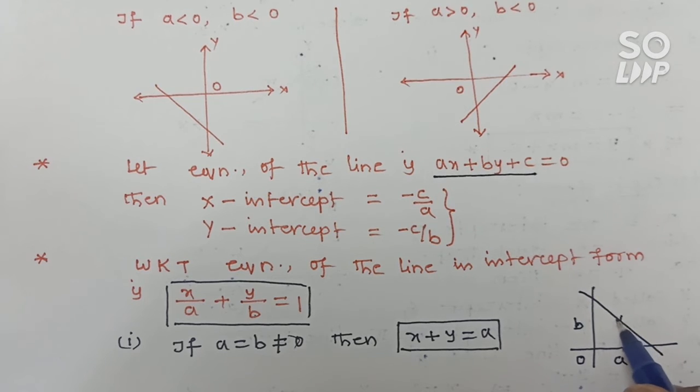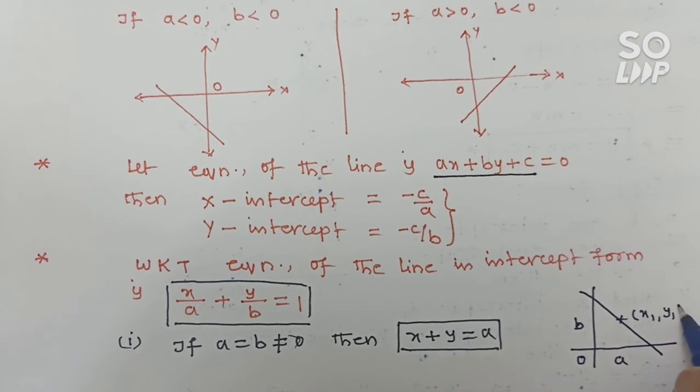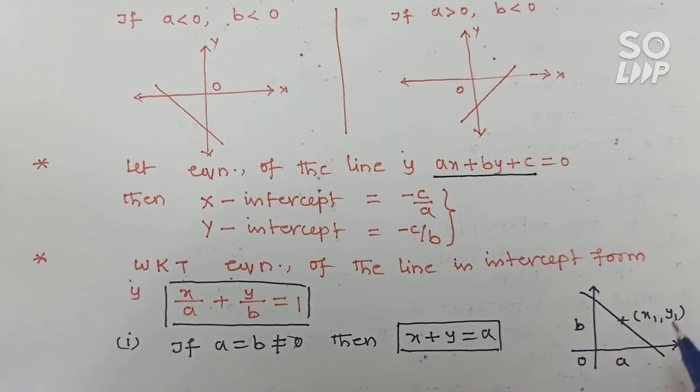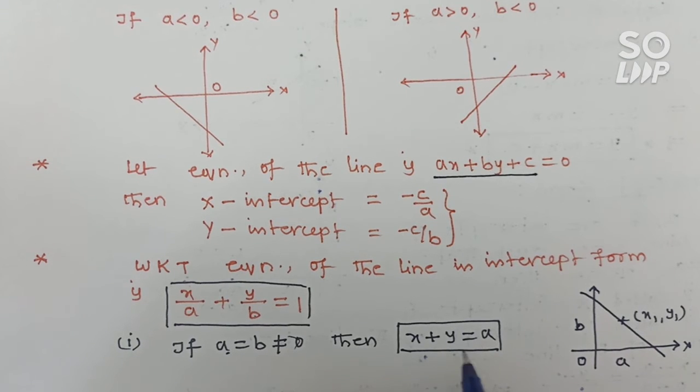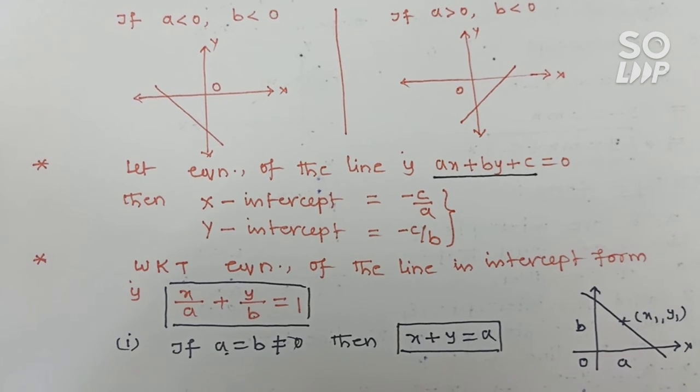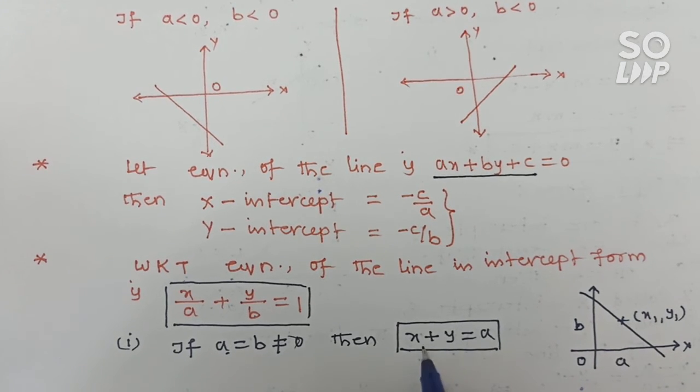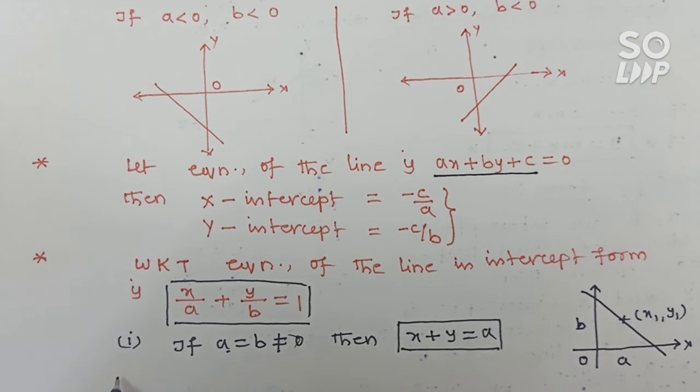Now if this line passes through the point x1 comma y1, then what is the equation of the line? When equal intercepts are there, the unknown value is a. If this line passes through the point x1 comma y1, the value of a will be x1 plus y1 is equal to a.